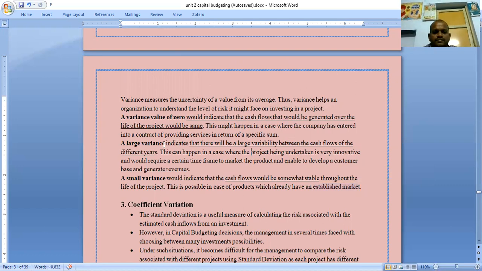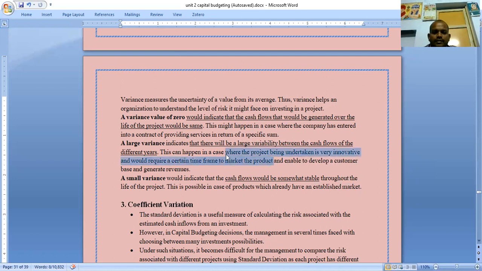Large variance indicates there will be a large variability between cash flows of the different years. This can happen in a case where the project being undertaken is very innovative and would require a certain time framework to market the product.